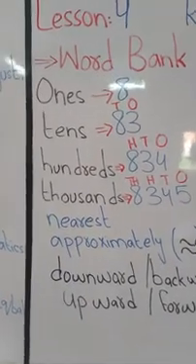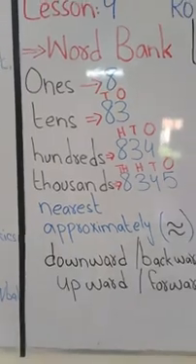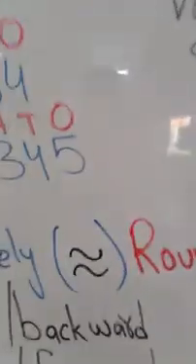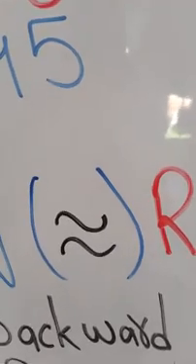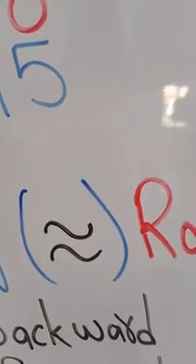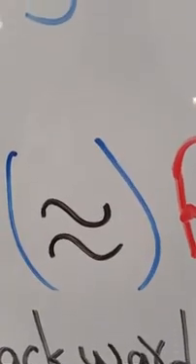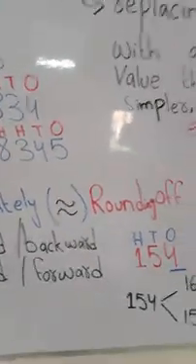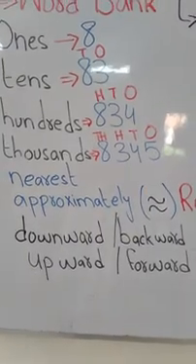Then nearest, we use nearest in the rounding topic, approximately, and this is the symbol of approximately. And we also say this symbol means rounding off.